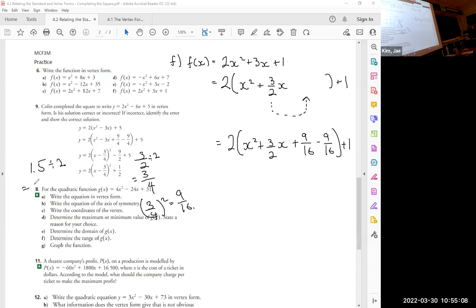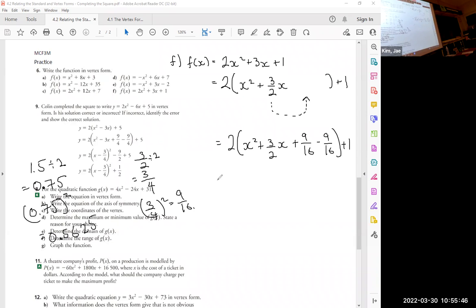So 1.5 divided by 2 is 0.75. 0.75 squared is going to be something I can't do in my head. Let's see. Where's my calculator? 0.5625. You see why mathematicians might prefer fractions over decimals? Decimals can go on forever.